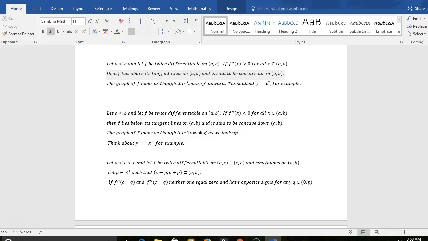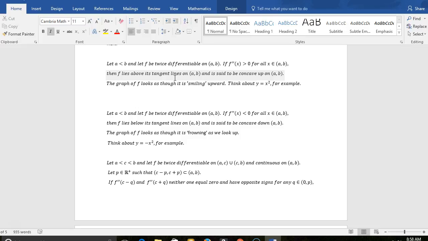That's just a pretty example. But even for less pretty examples, it's true that if f double prime of x is greater than 0 on just some open interval, it doesn't have to be all real numbers, just some more restrained open interval, then f will be concave up on that open interval.